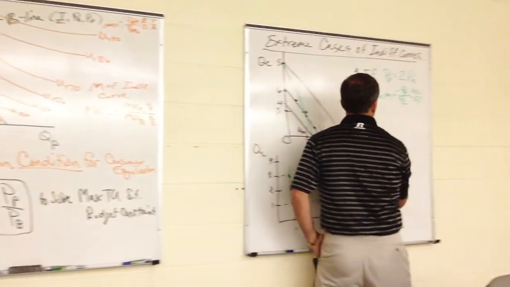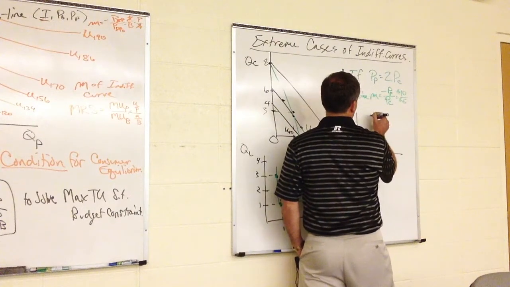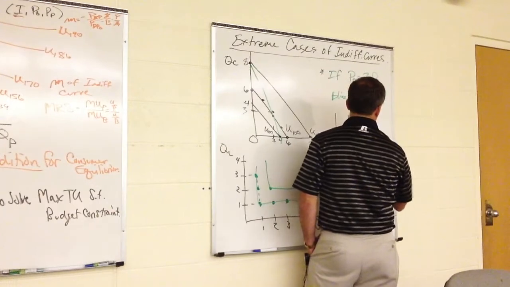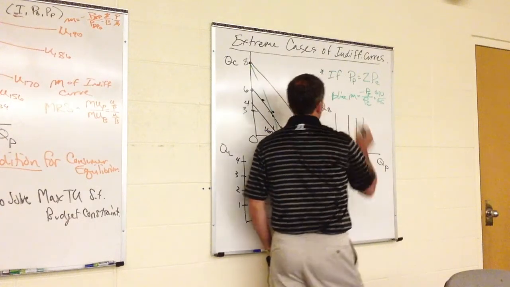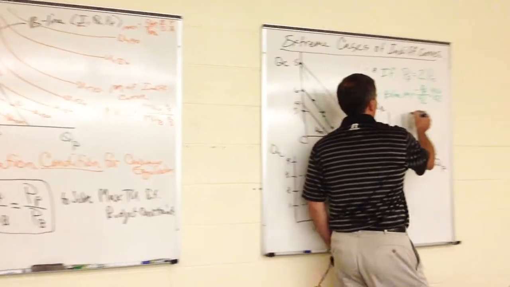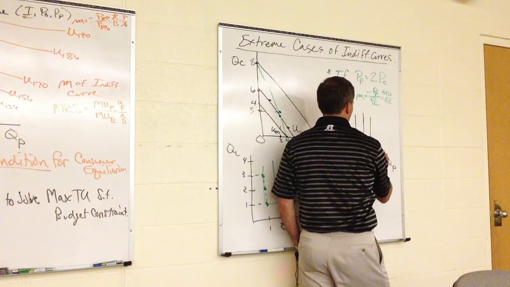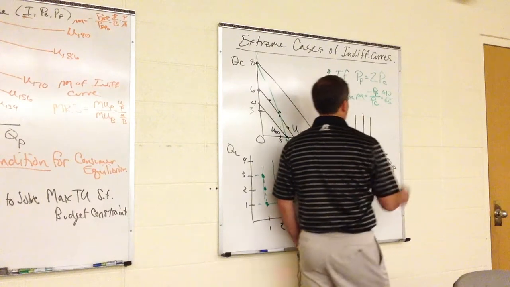Another extreme case. What if your indifference curves look like this? Quantity of pizza, quantity of beer. So you go from U10 to U13 to U17.